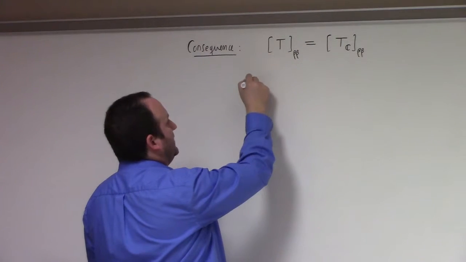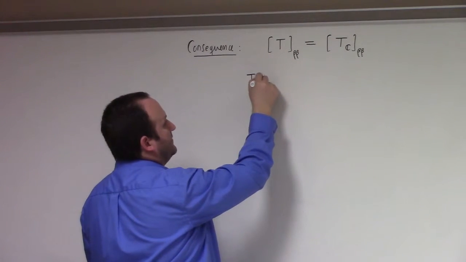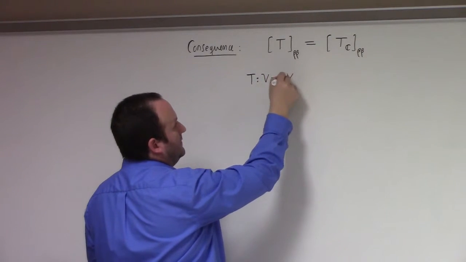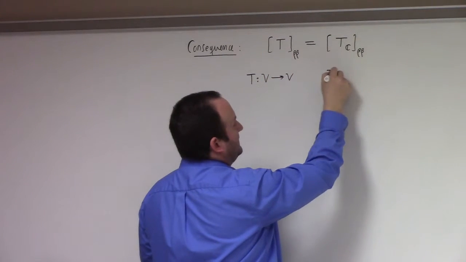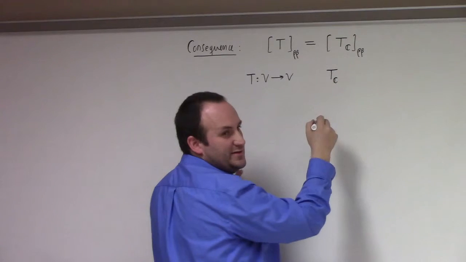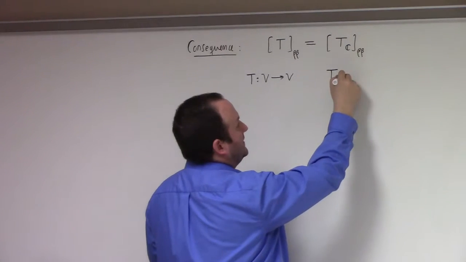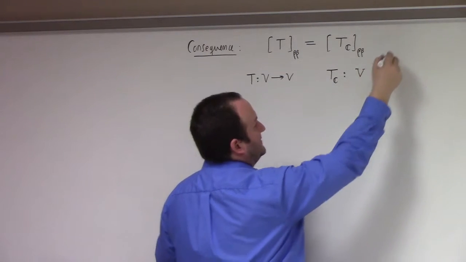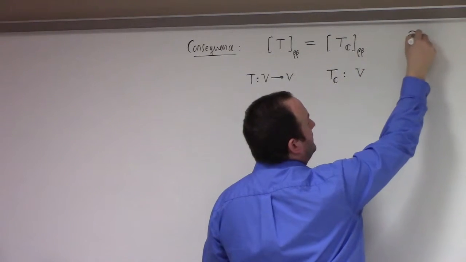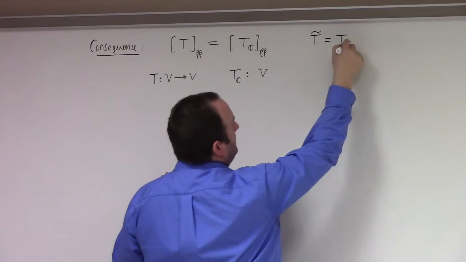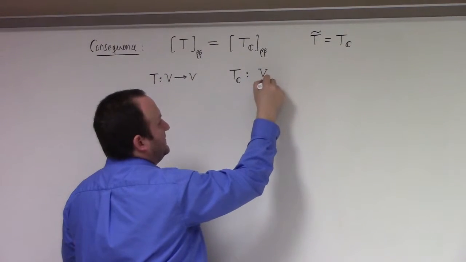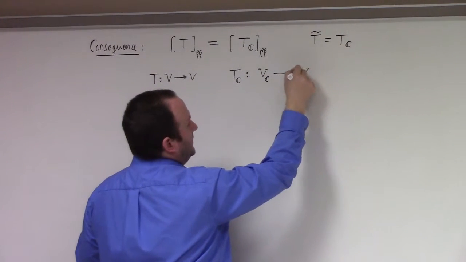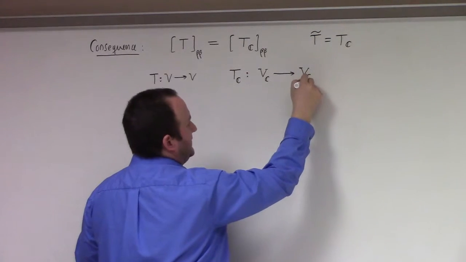On the one hand, we have T being a linear transformation from V to V. Over here, I have the complexification of T. I called it T tilde last time, but let me call it T sub C this time. So T sub C is T tilde from last time, all right? The complexification of T maps from the complexification of V to the complexification of V like that.